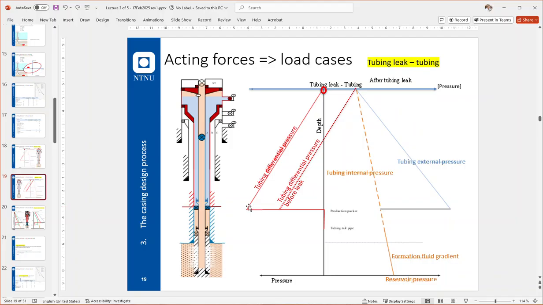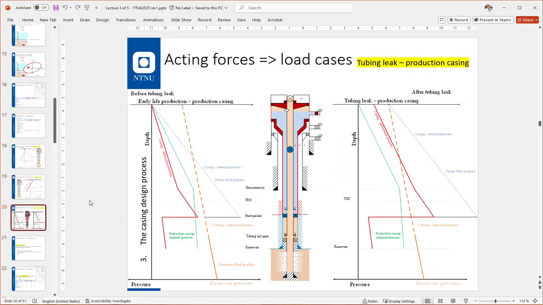All right, so this covers the load case tubing leak for the tubing. It is a collapse load for the tubing. We will now quickly touch upon how tubing leak works for the production casing. For the production casing, it is a burst load.